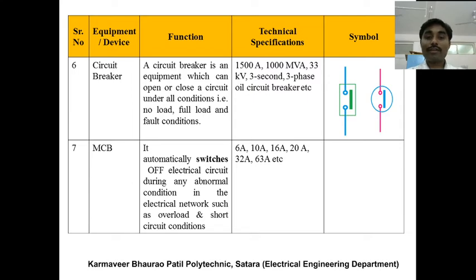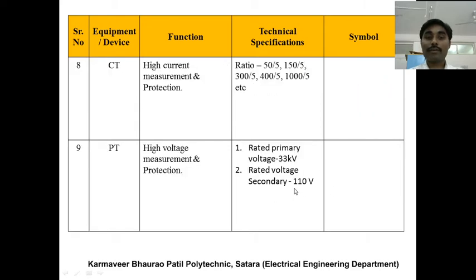It means it provides protection against overload and short circuit conditions. The MCBs available in the market have technical specifications of 6 ampere, 10 ampere, 16 ampere, 20 ampere, 32 ampere and 63 ampere. You can see here the symbol of an MCB, miniature circuit breaker.